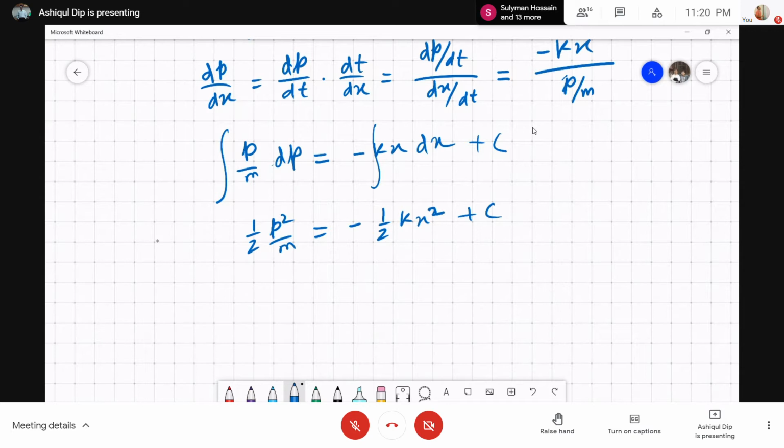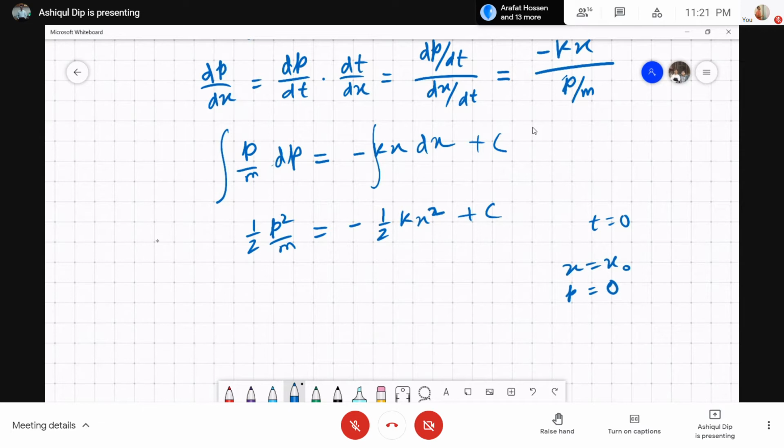Okay, so now you need to substitute the initial data. Say at initial time, when t equals 0, your x equals x naught and p equals 0, like you stretch it to some point and release, that kind of situation.